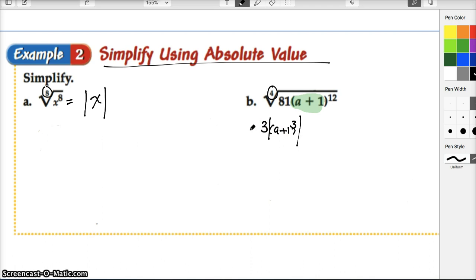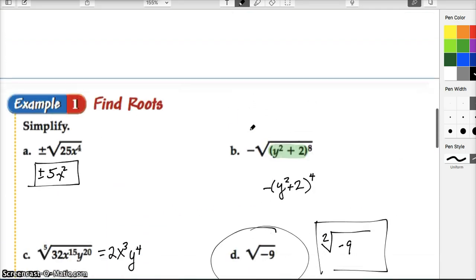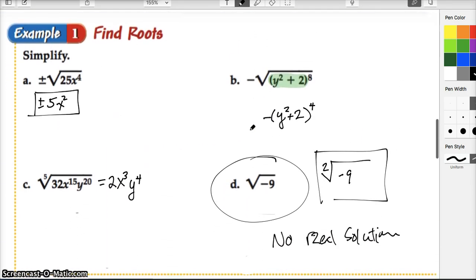It's kind of weird. I'm going to go back real quick because we had an example where I did not say anything about that. Let me see, which one was it? This one here. Notice I took the square root of something, and I know that there's a negative here, but let's even think like the negative's not there. I did not have to put absolute value here. And the reason why is, first of all, the y squared is going to cancel out the negativity.